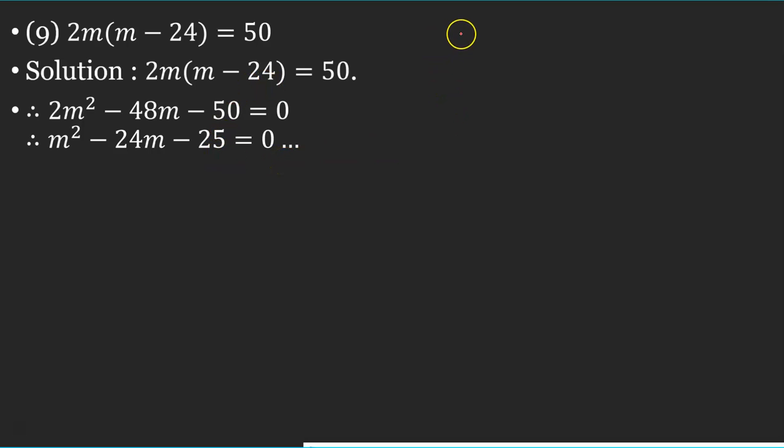Very simple expression. Now, what is the coefficient of m square here? It is 1. 1 into minus 25 is equal to minus 25.